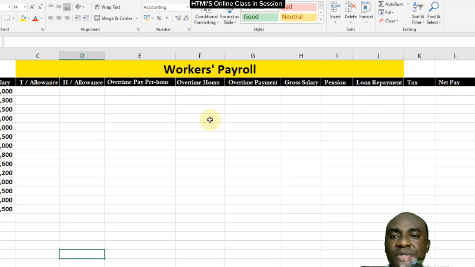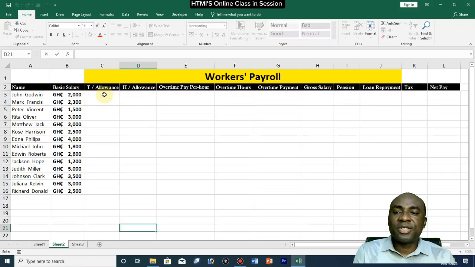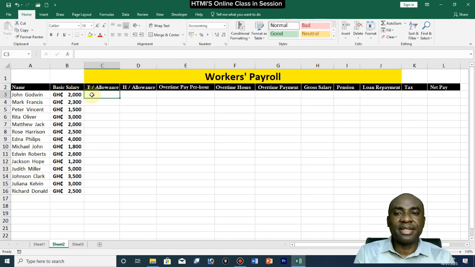So we're going to start. For the transport allowance, we want the transport allowance to be 12% of the basic salary.